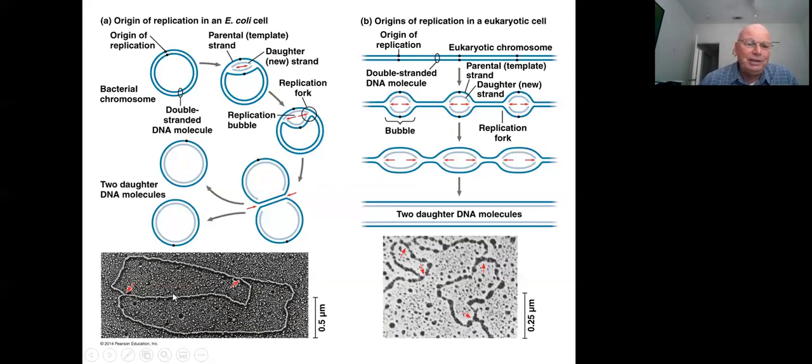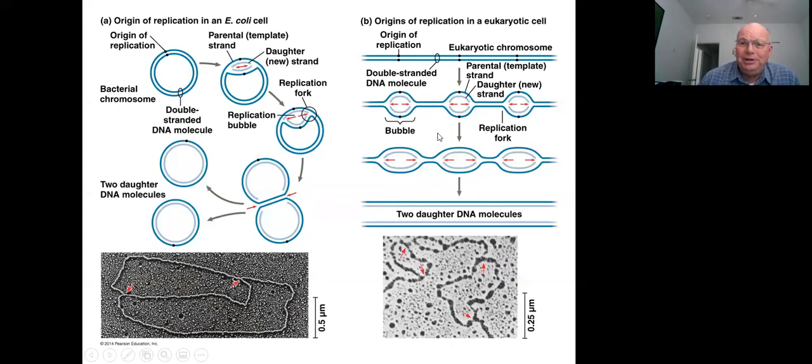And you can see the process taking place here, not on a bacterial genomic DNA, but on one of the smaller circular DNA molecules known as plasmids that are replicated at the same time using the same process. So here you can see the replication bubble. Here are the replication forks where the replication process is taking place, moving as the bubble expands in both directions around this little circular DNA molecule.